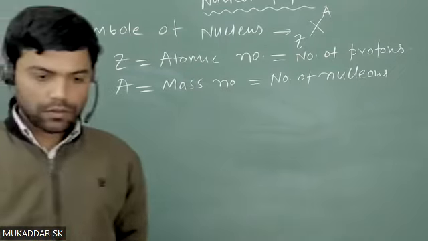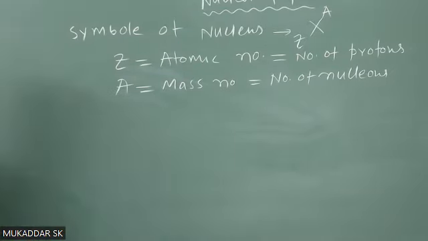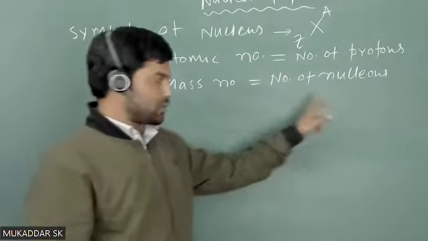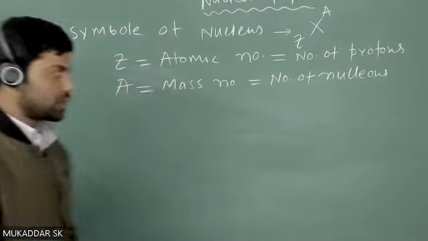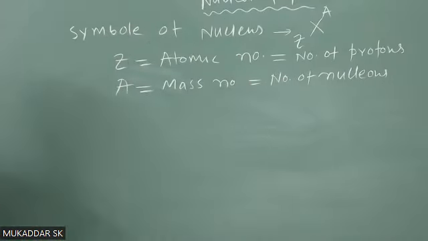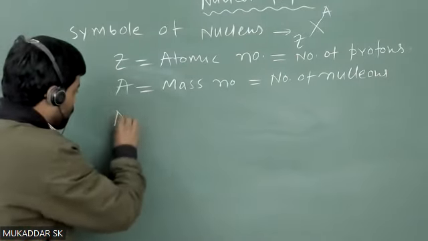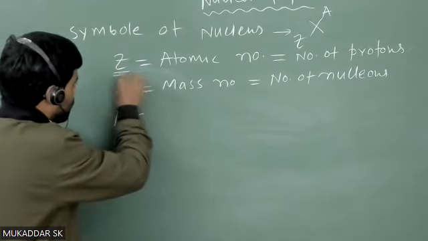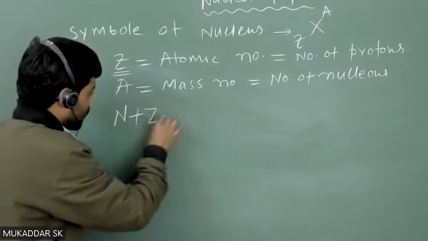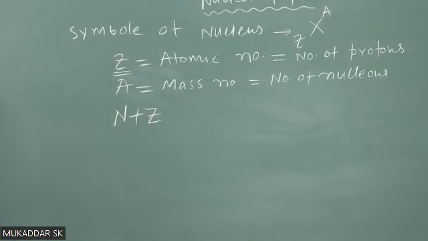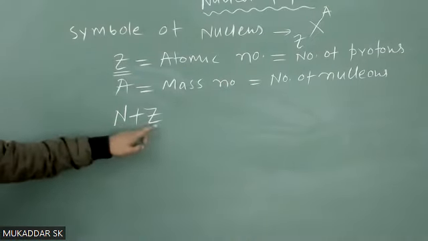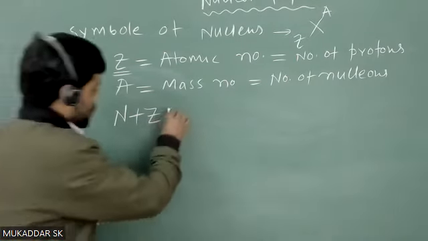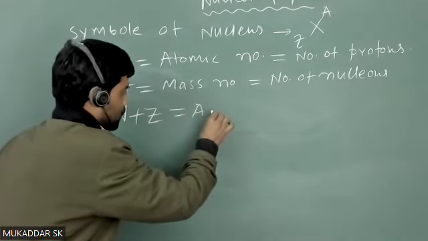Okay, so this is a symbol, right? The number of nucleons present inside that nucleus is nothing but the number of neutrons plus the number of protons, and the number of protons is nothing but Z. So this A is nothing but the number of neutrons plus the number of protons.